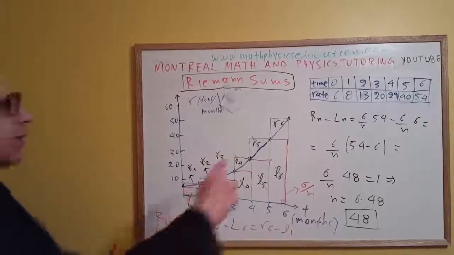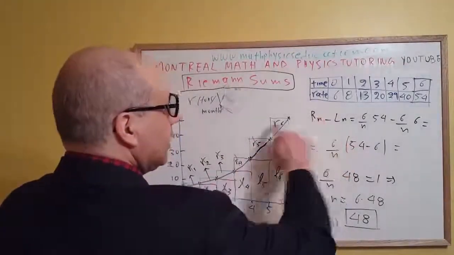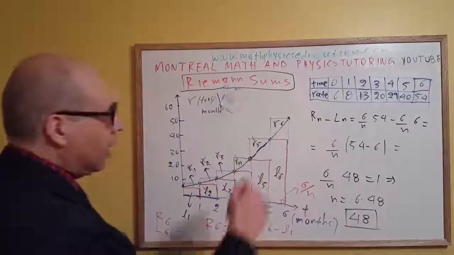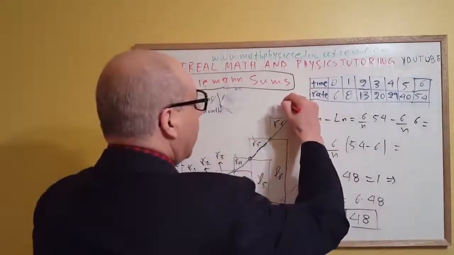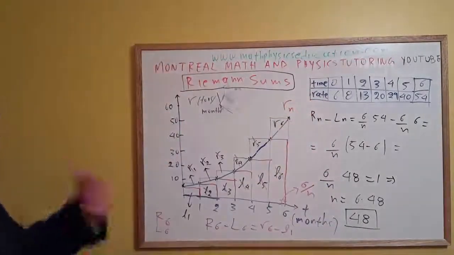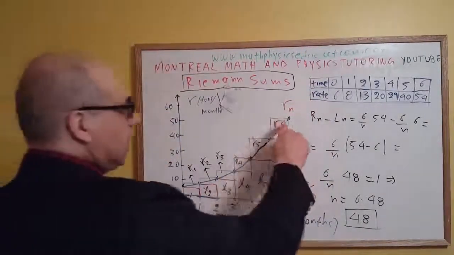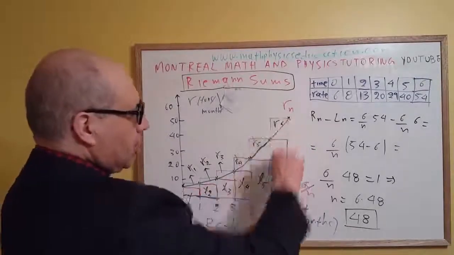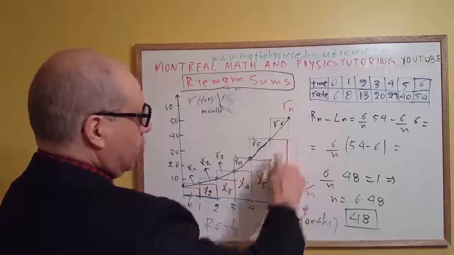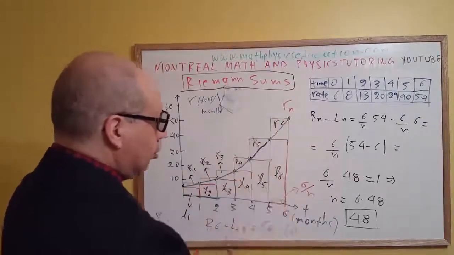That means, to come again to this point here, that the last one, Rn, will be equal to how much? Because this here is a rectangle, the area of this rectangle is length times width.